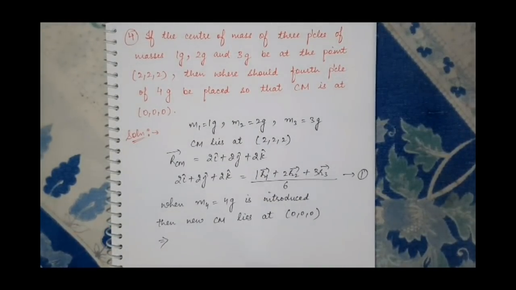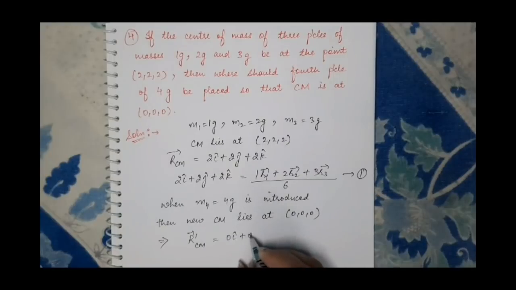This implies the position vector of the new center of mass will be 0 i cap plus 0 j cap plus 0 k cap, that is 0.